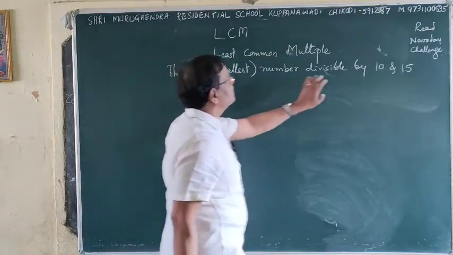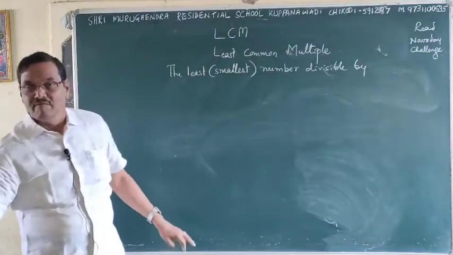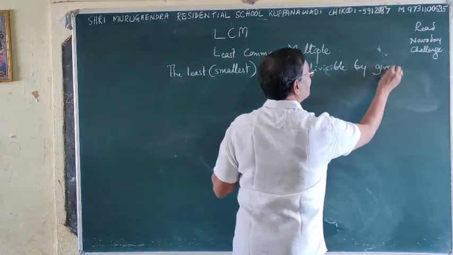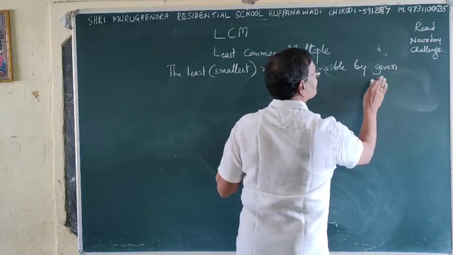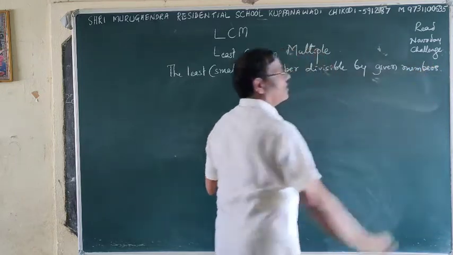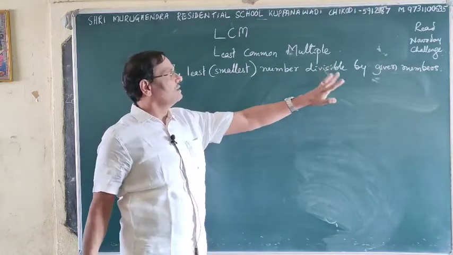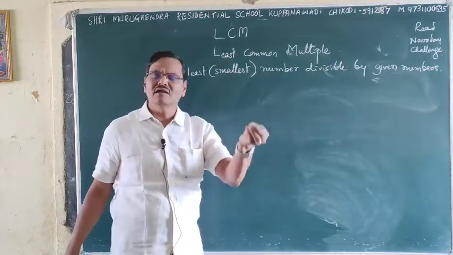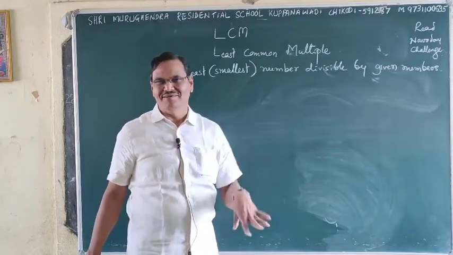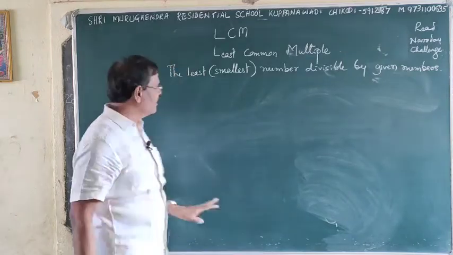The least, meaning the smallest, number divisible by the given numbers. The given numbers are variables. We may give 40, 50, we may give any number.